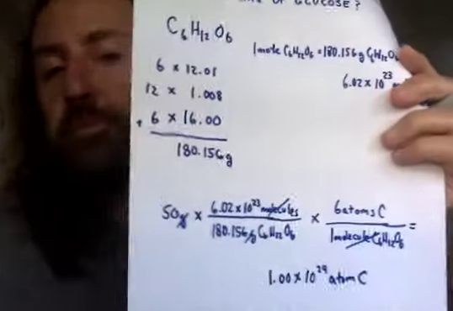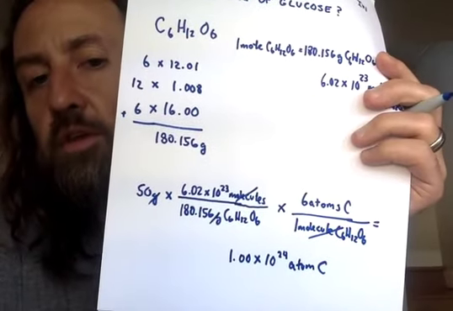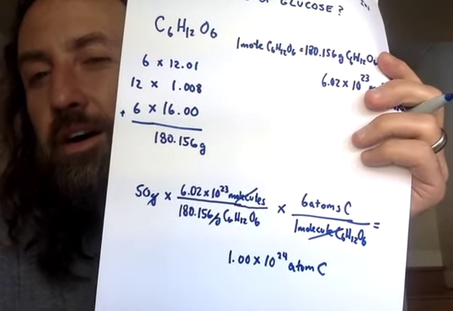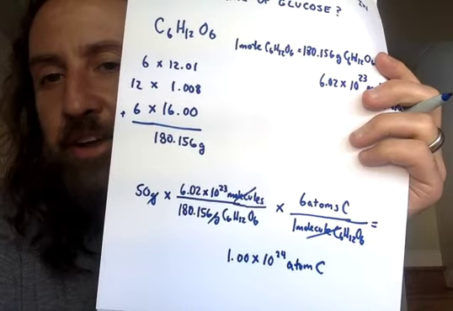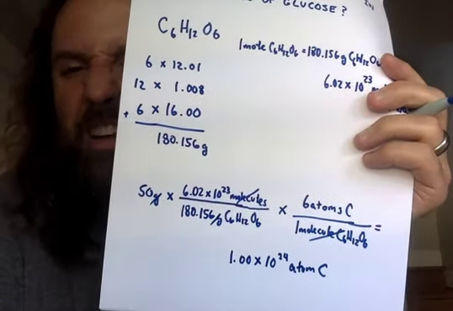Wow, that worked out really nice. 1 times 10 to the 24th atoms of carbon. Again, I'll try to get better about actually talking more about sig figs, but I just cut it to 3.